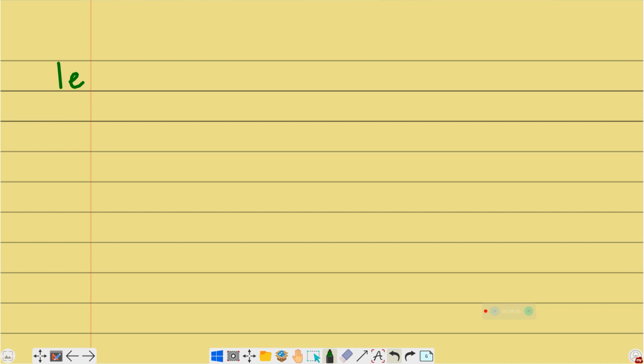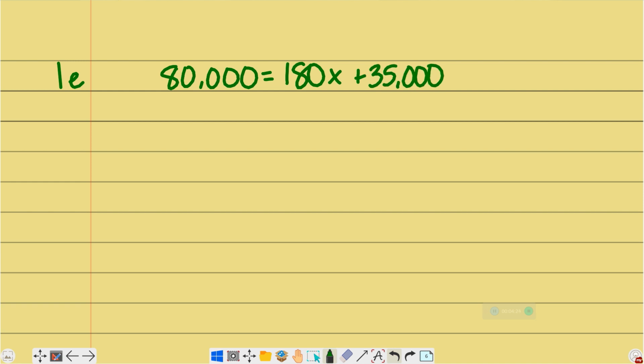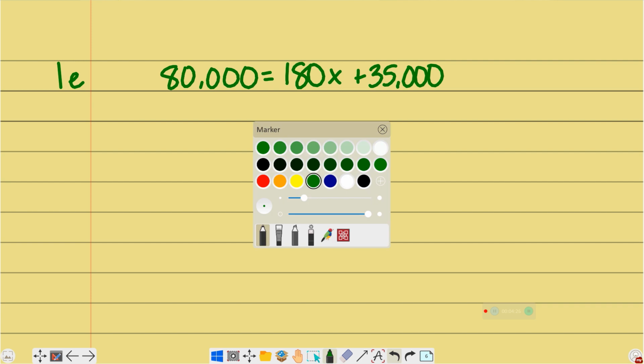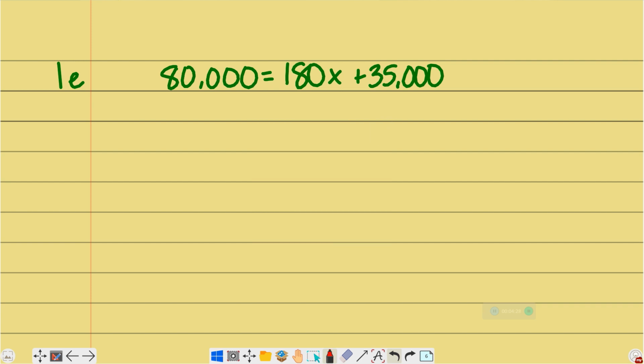Using your function in Part D, determine how long in years it will take to distribute 80,000 cans of vegetables. Again, the cans is the Y value. They distribute 180 per week, but they've already done 35,000 cans. To solve for X, we have to start by moving this piece over.